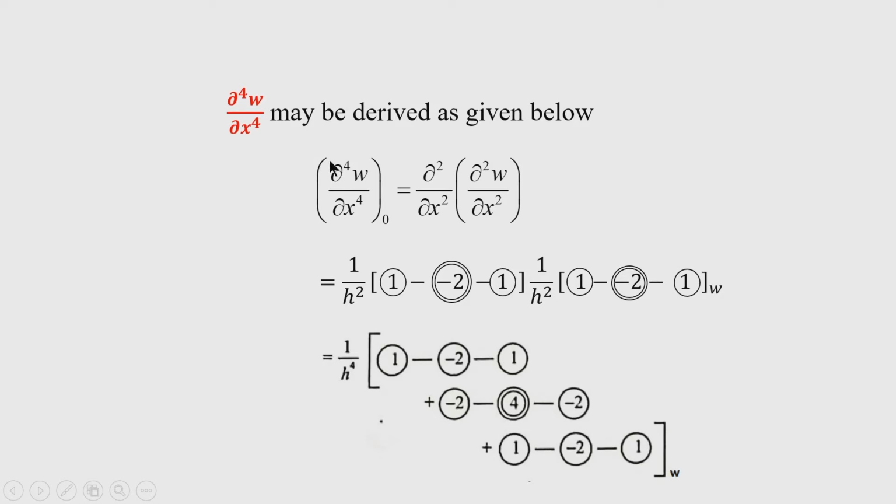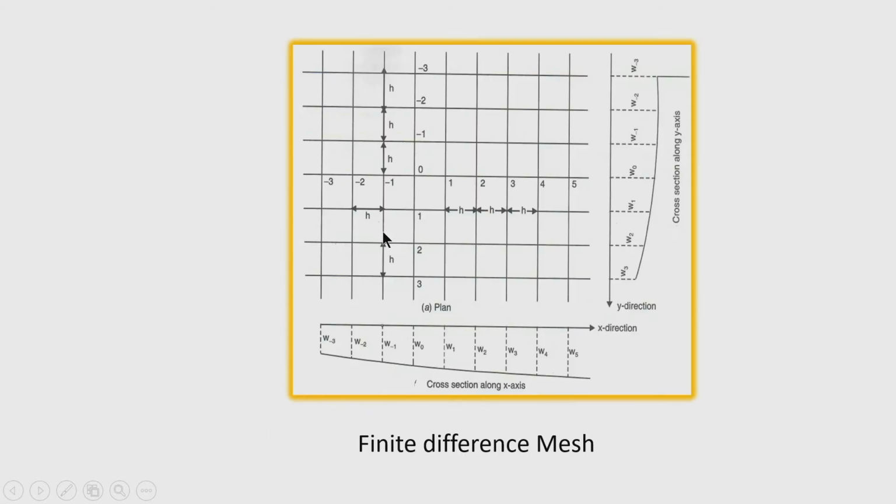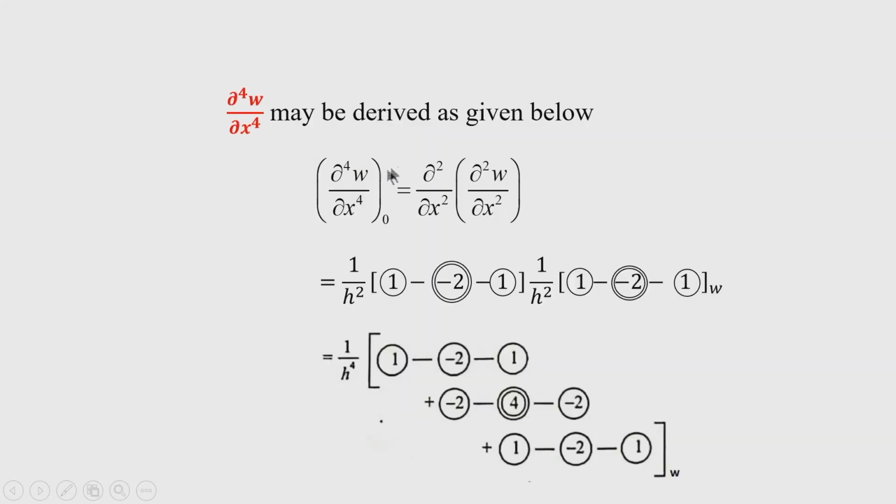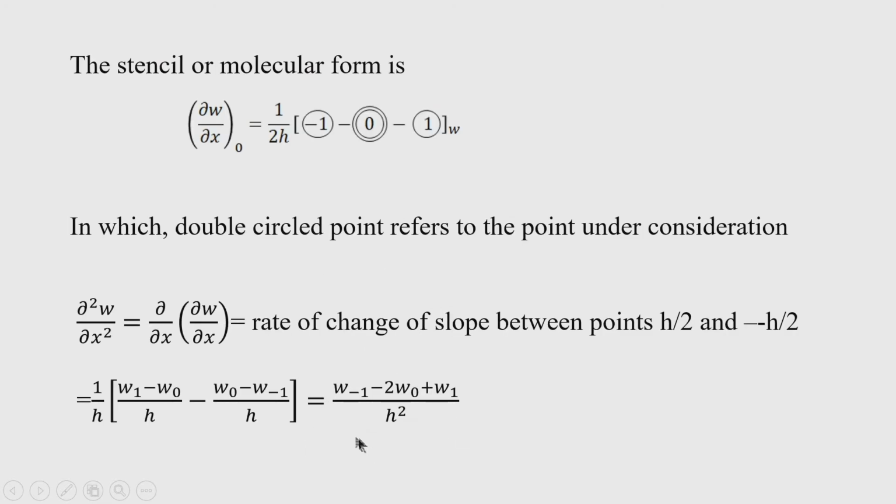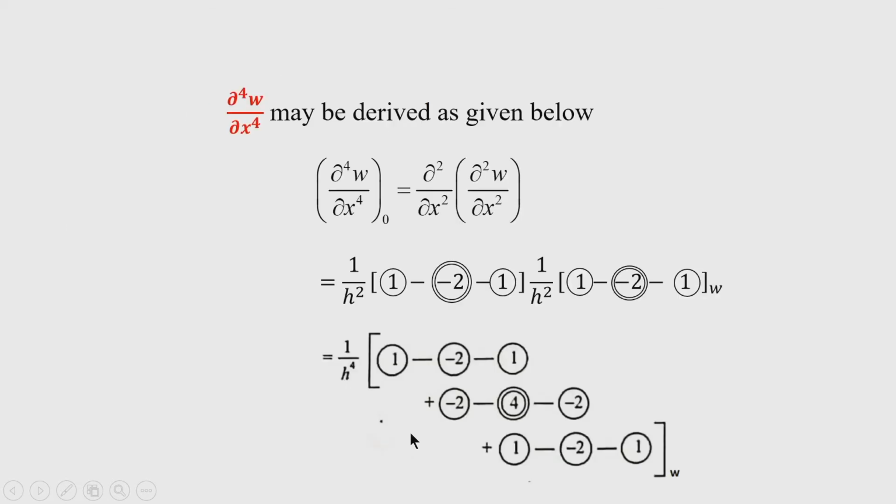So, del 4 W by del x to the power 4 at node O. We want to calculate the fourth derivative. Again, the second derivative is differentiated 2 times to get the fourth derivative. This we have already calculated, and we have written it here in the molecular form that I have told you. The molecular form of this will be 1 by h square, with 1, minus 2, where minus 2 is the central point, and towards the right it is also 1.